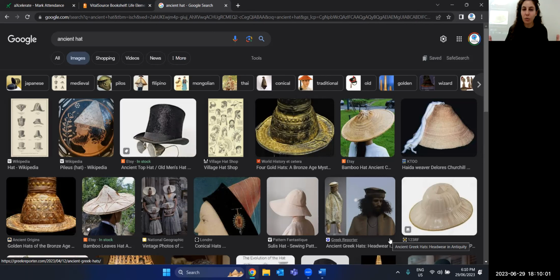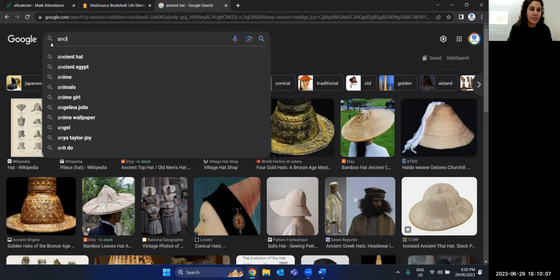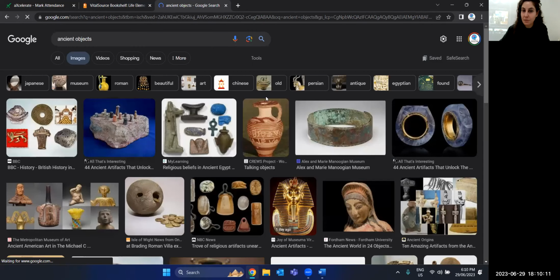It's got to be an old object, not new. Another example, maybe a pottery. You have to tell us what it was used for, which country, which years.